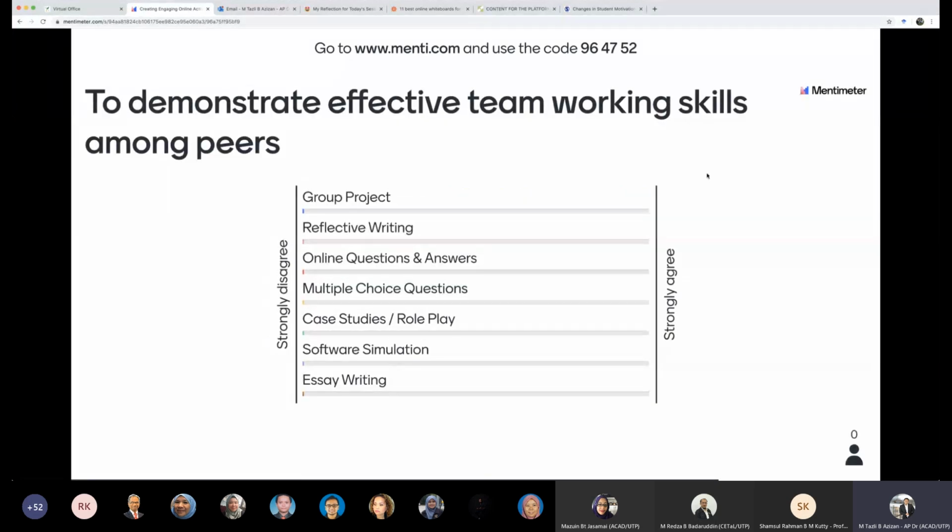To demonstrate effective team working skills among peers. So what is best for us to do this online? How do we actually observe that the students demonstrate effective team working skills? How do we assess the students?